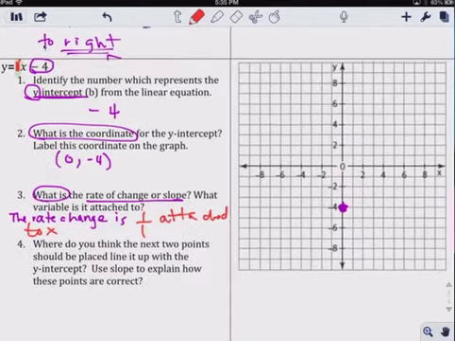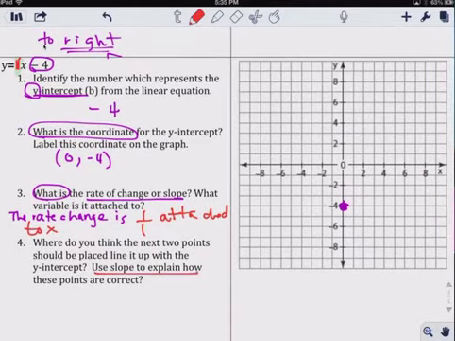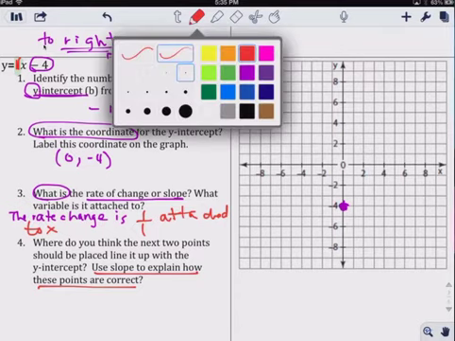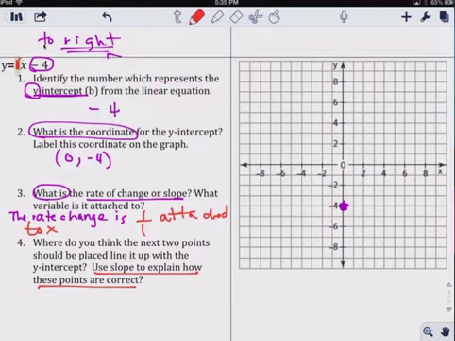Okay, so use the slope to explain how these points are correct, because the slope is 1/1. You rise 1 and you run 1 to the right. Rise over run.